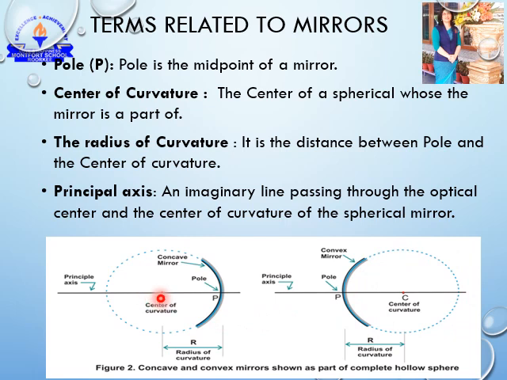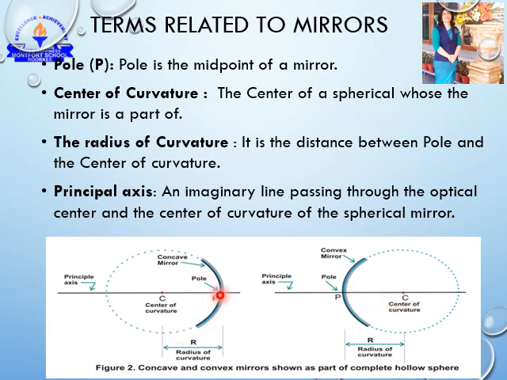Next term is radius of curvature. The distance between pole and center of curvature is known as radius of curvature.